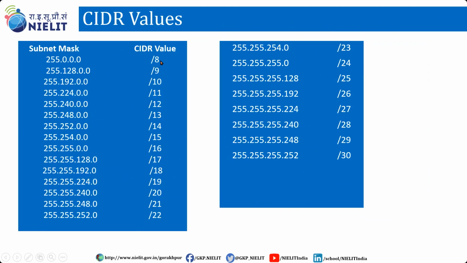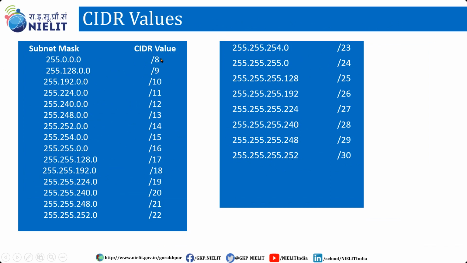So /8 means nothing but 255.0.0.0, 8 bits being used for the subnet mask. /9 means 255.128, 8 bits from the first octet and 1 bit from the second octet. In this way, we can have a minimum of /8 and a maximum of /30. Maximum /30 means 255.255.255.252.